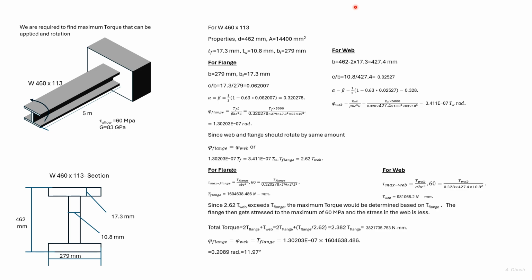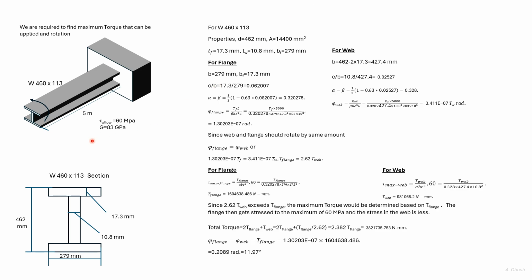However, we have only one static equation. The other relationship comes from deformation, since the angle of twist of both the flange and the web will be equal. So we will be able to find the torque in the web and the flange using the two equations.